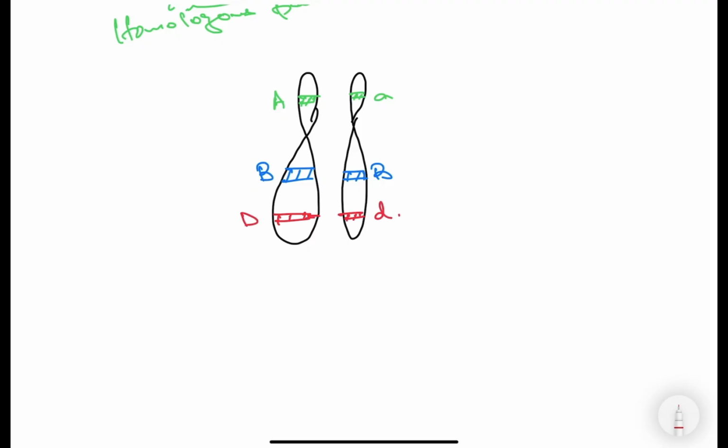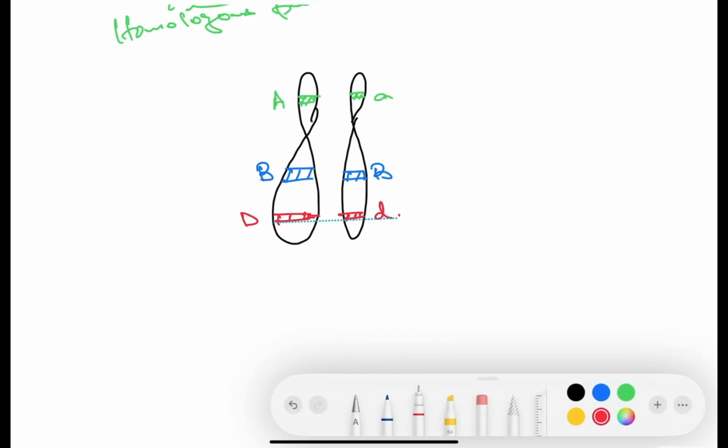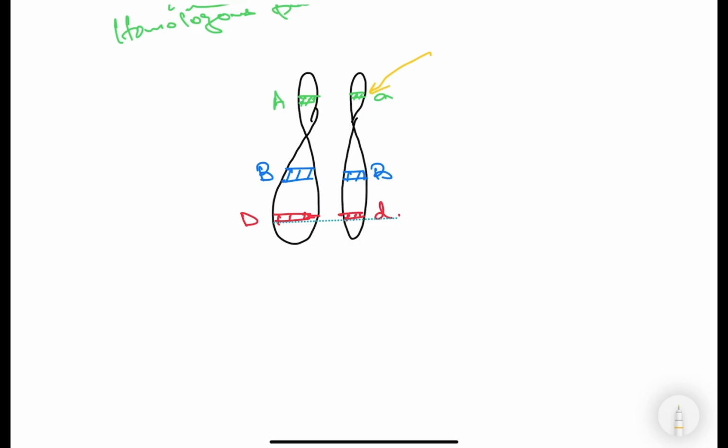So different genes can be present in different positions on a chromosome, and this location or position is called the locus of a gene in a chromosome.